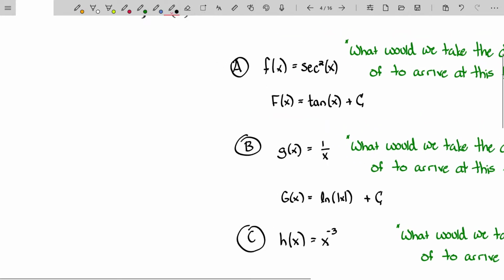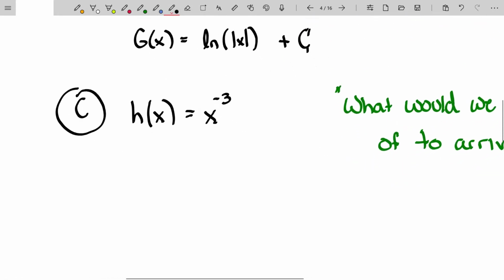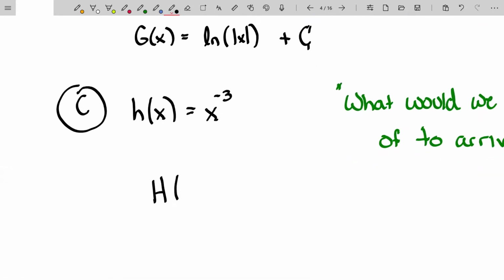If you took the derivative of something, you lower its power by 1. So obviously the function we took the derivative of must have had a negative 2 power, because when you take the derivative of something with a negative 2 power and lower its power by 1, it becomes the negative third power.